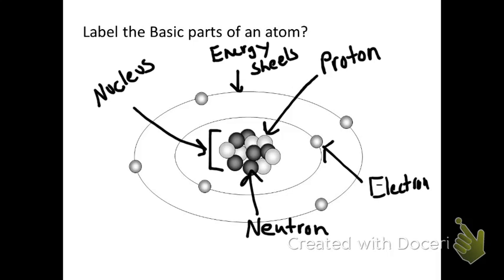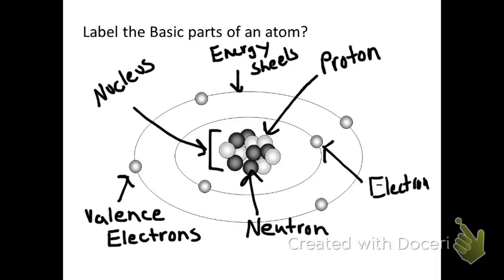Oh yes, the most outer electrons in the outer shells of an atom are referred to as valence electrons.